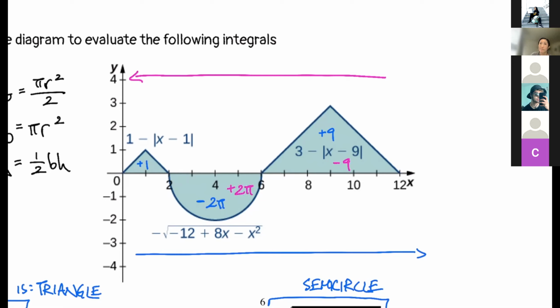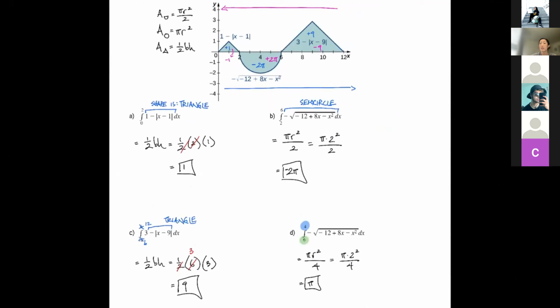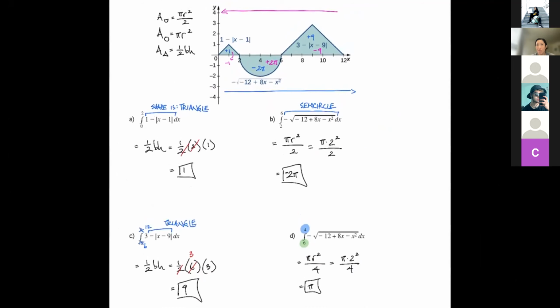Now you tell me, what sign should part D have if I'm starting at 6 and going to 4? Starting at 6. All right, so if I'm starting at 6 and going to 4, is that the blue direction or the pink direction? Yeah, it's that pink direction, right?